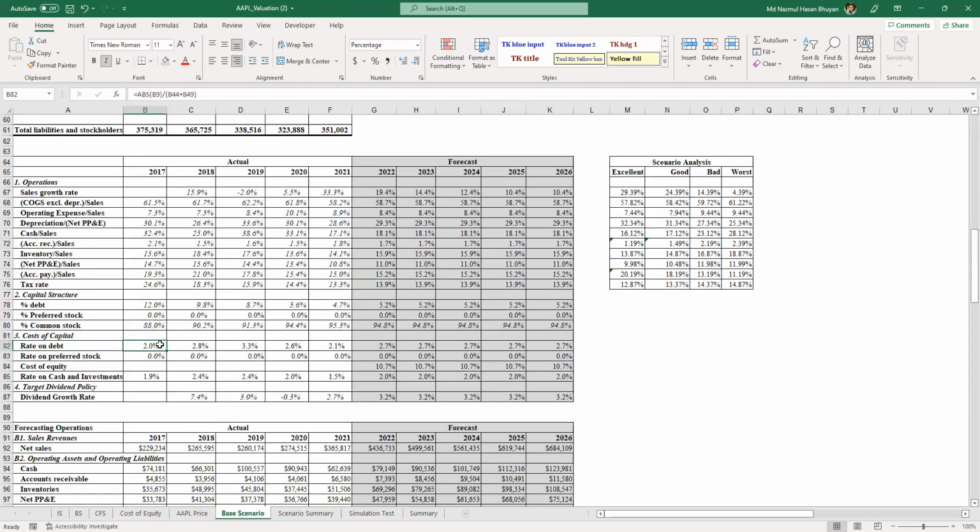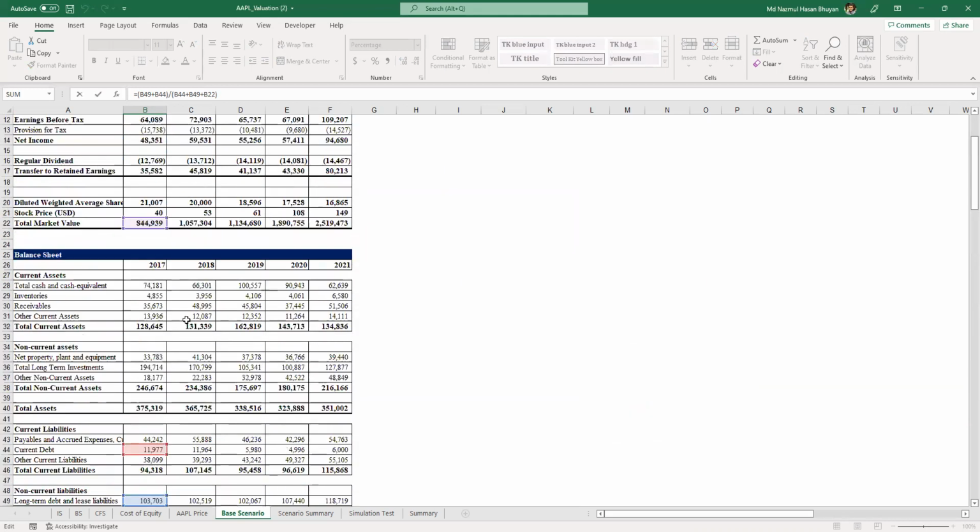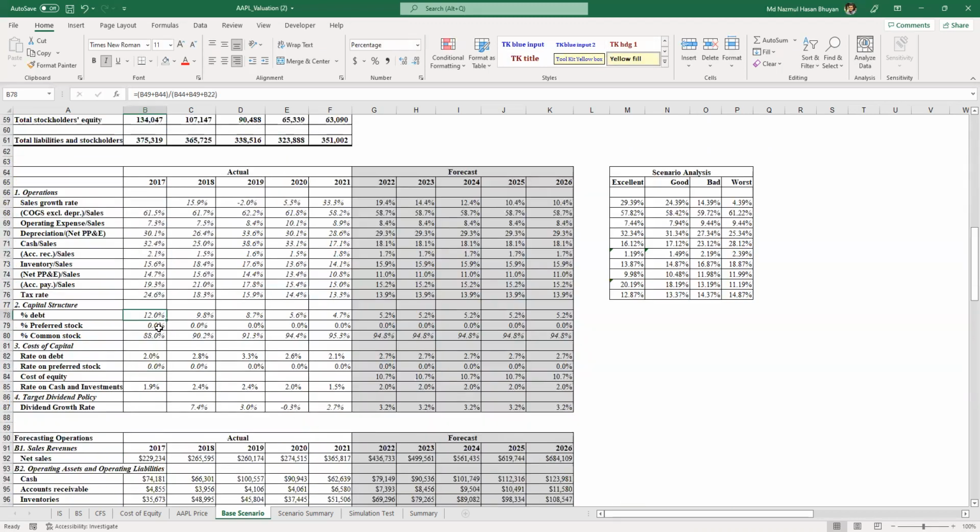So this is how we get our percentage of debt. Again, as you can see here, we don't have any preferred stock, so we are not worried about that. Then percentage of common equity, common stock. So the rest should come from common stock, as you can see here.